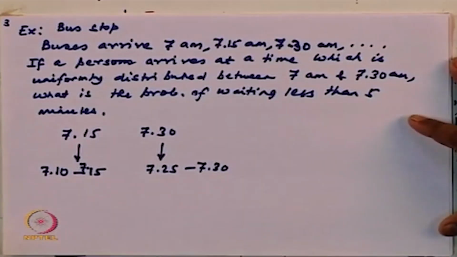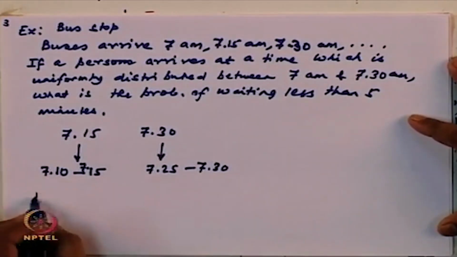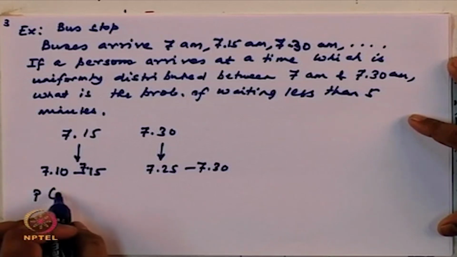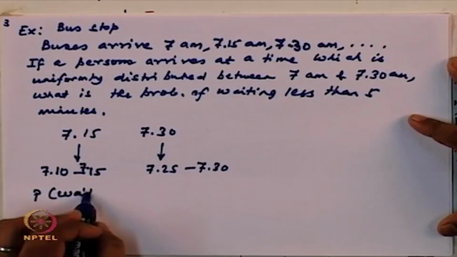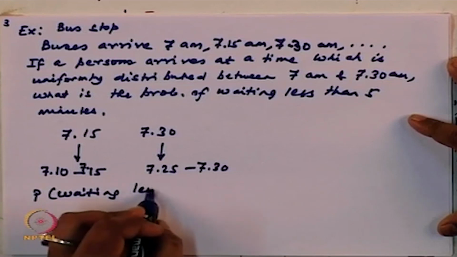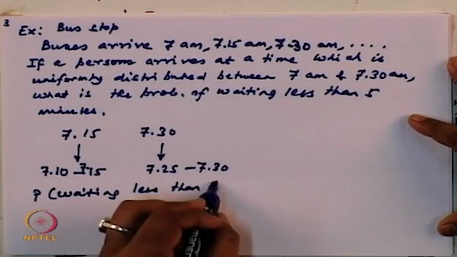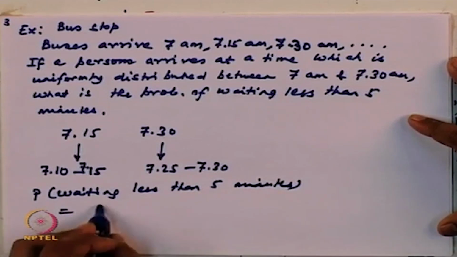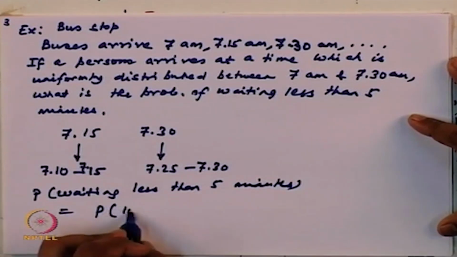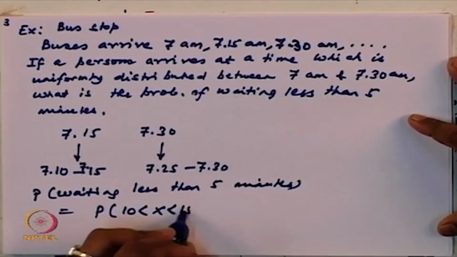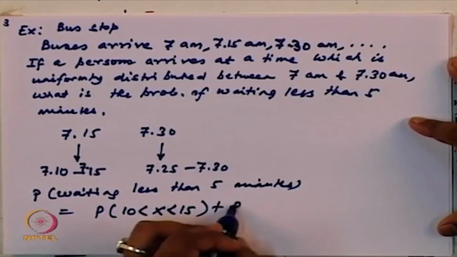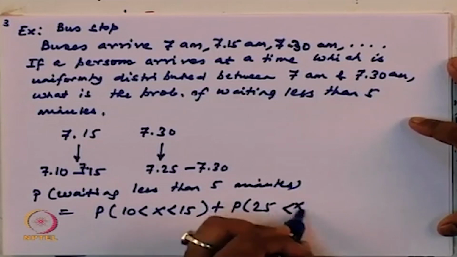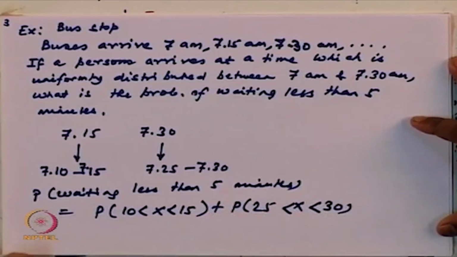So, what is my probability? The probability of waiting less than 5 minutes is the probability of 10 less than x less than 15, plus the probability of 25 less than x less than 30.